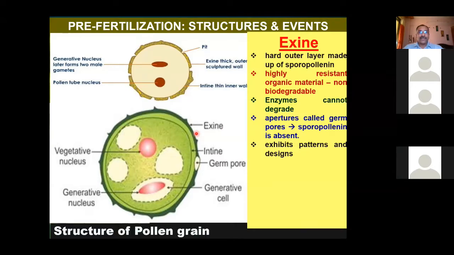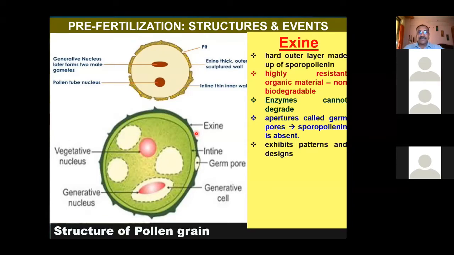It cannot be disorganized or destroyed very easily because of its tough, hard nature. Why is it so hard or so tough in nature? That is because of the presence of a particular type of material in it.